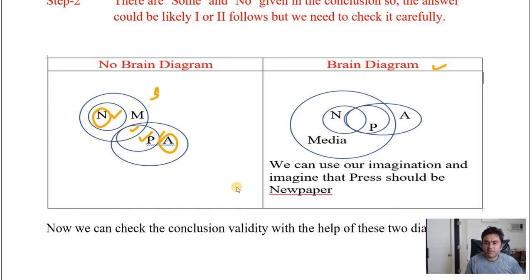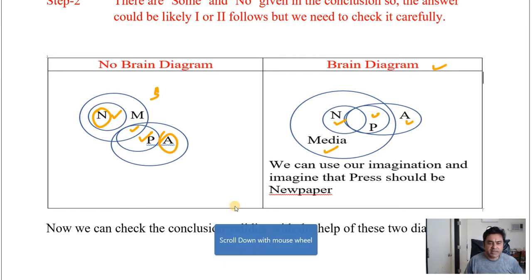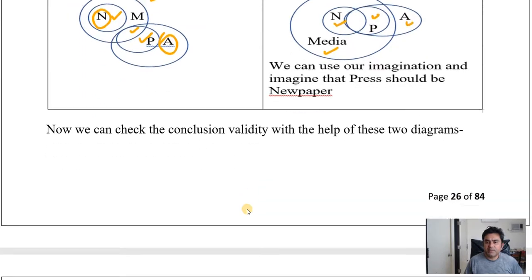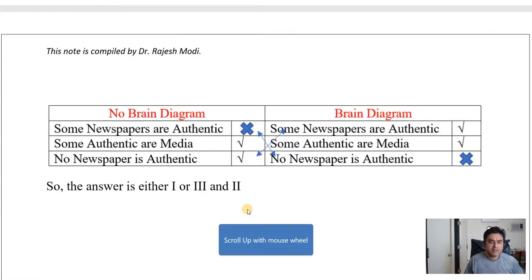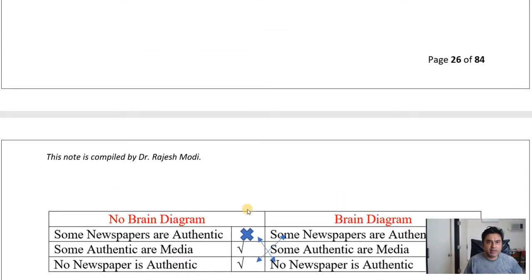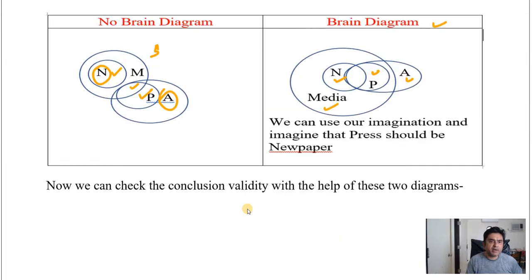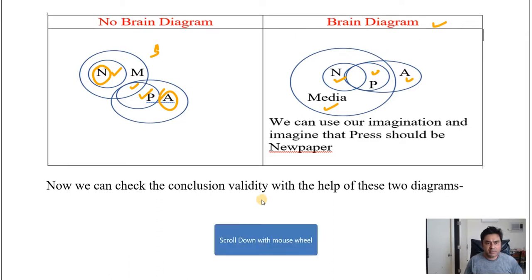Now we can check the conclusion validity with the help of these two diagrams. Some newspapers are authentic. As per the non-brain diagram this is wrong, so on both sides the first statement is invalid.